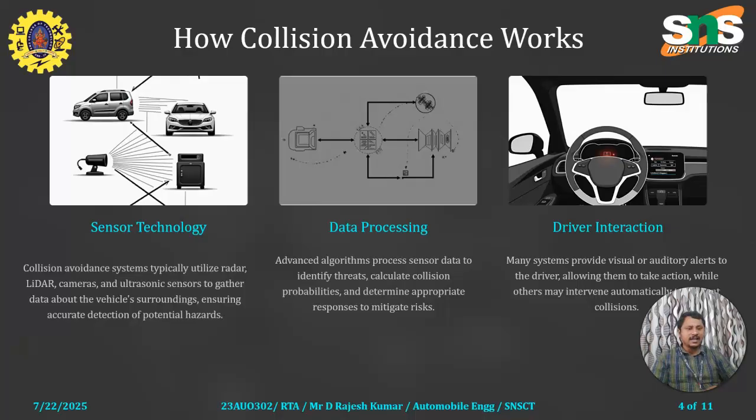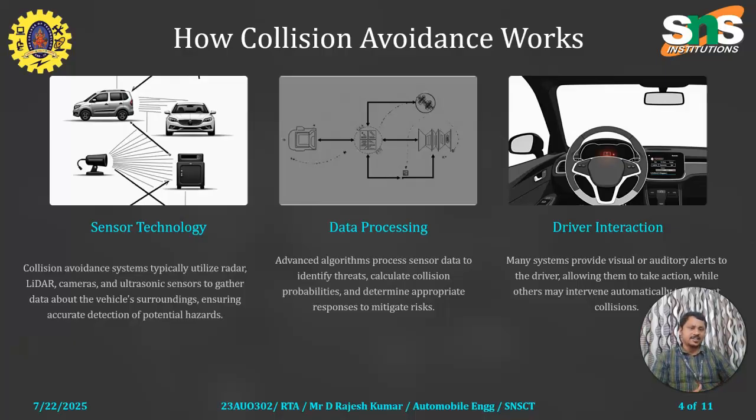If you are traveling in a vehicle in a crowded place, the vehicle detects the movement of the pedestrian and applies the brake automatically, because pedestrians are human beings and there may be a chance of collision. In order to avoid collision, the sensor gives the data of the pedestrian by determining the distance between the pedestrian and the vehicle, and the vehicle takes its own action before the driver thinks.